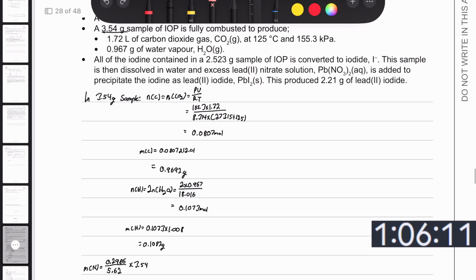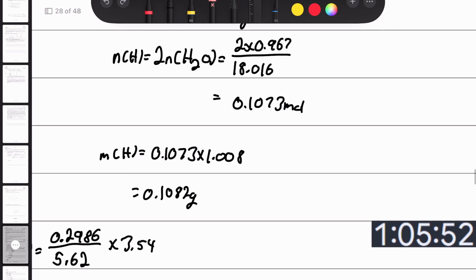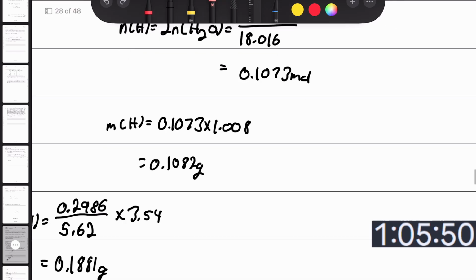So 2 times 0.967 divided by 18.016, 0.73 plus 16.6. 0.1073 times 1.008 should be about that.